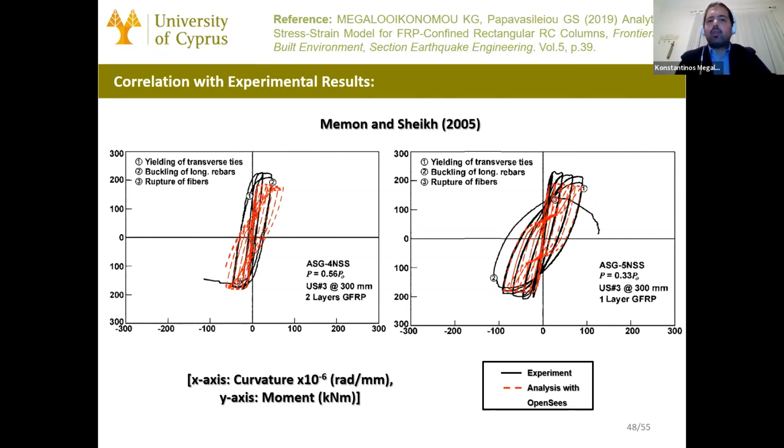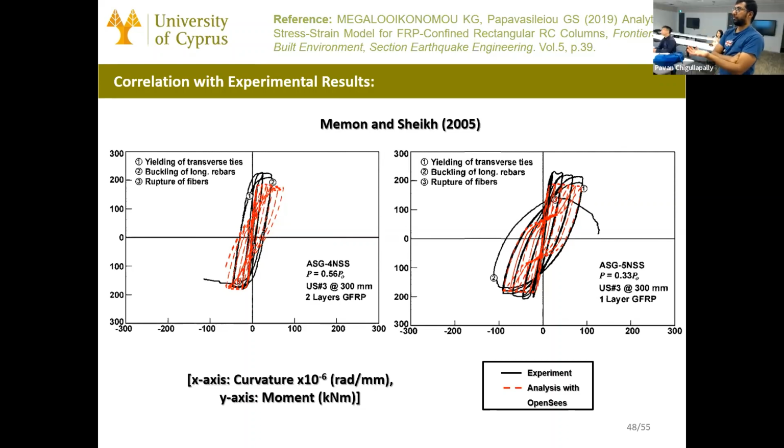I don't know if you understood what I mean. You're measuring the response, like the moment-curvature response, at a specific point, a specific fiber section integration point along the element.